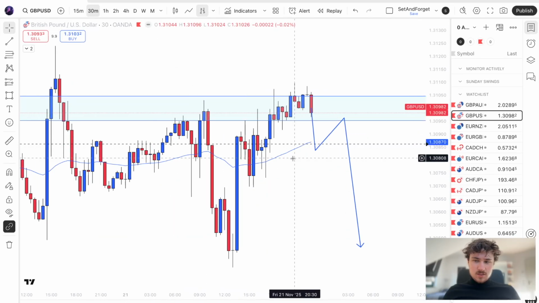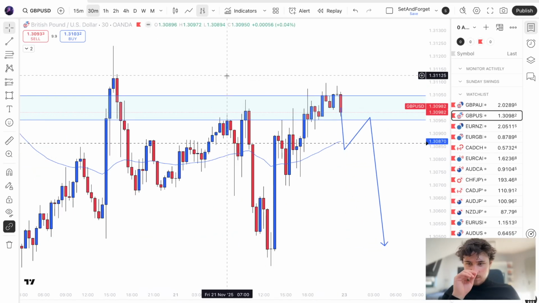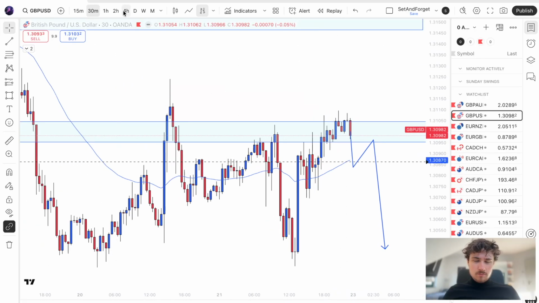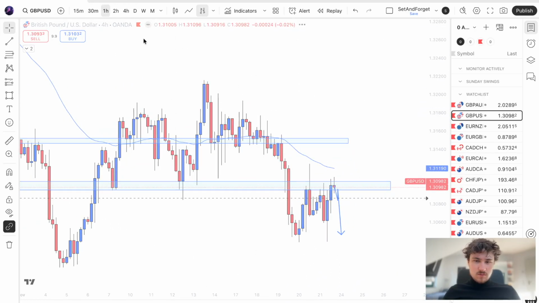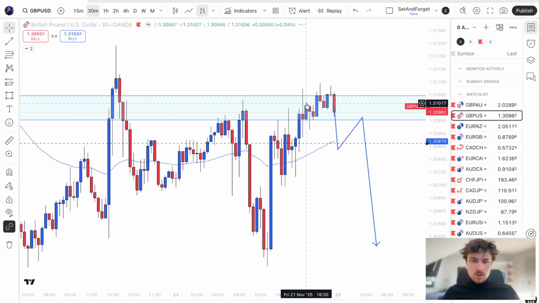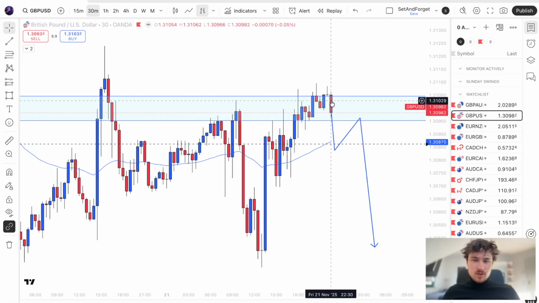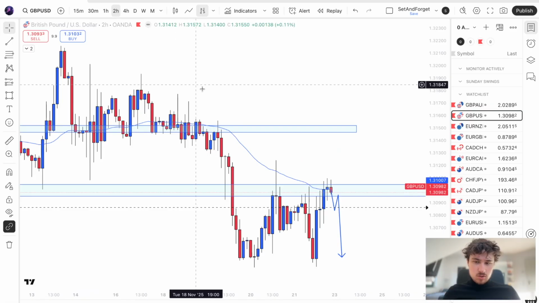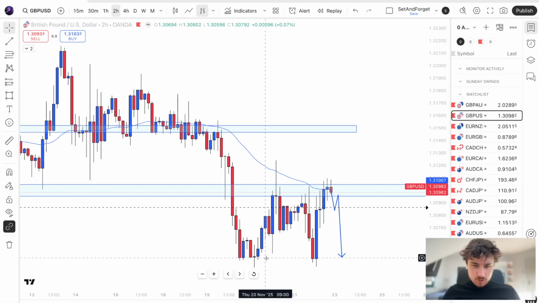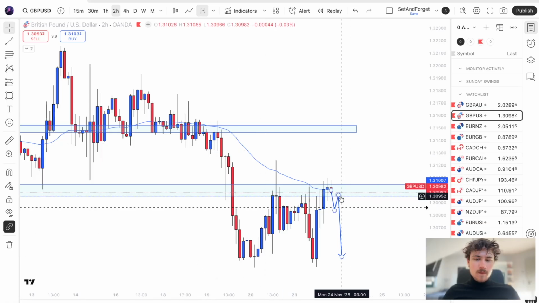It's not as clean on the lower time frames as GBP AUD, but I'm looking for something along the lines of some break below and then a retest. Also, here's a nice evening star on the 30 minutes. Not that I think it has any real meaning. Yeah, something like this would be nice.